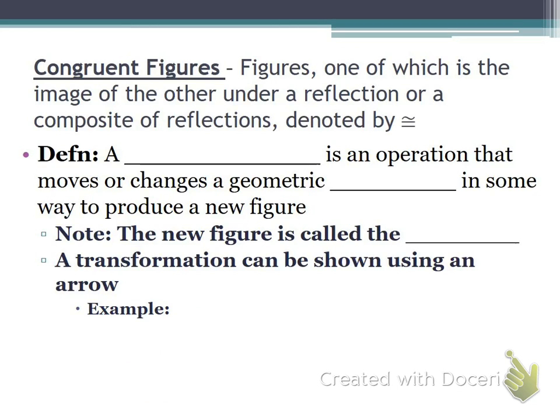On we go. Our formal definition for congruent figures: figures, one of which is the image of the other under a reflection or a composite of reflections, denoted by congruence. So that is kind of wordy. A transformation is what we're going to talk about today.